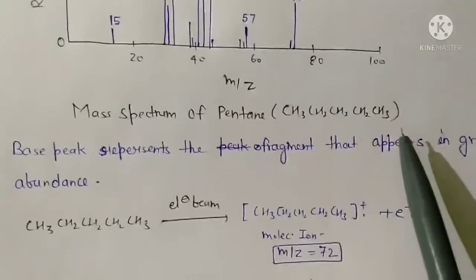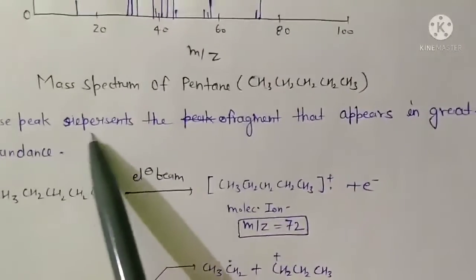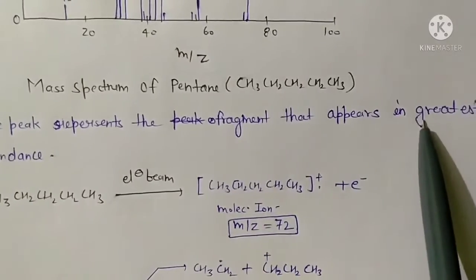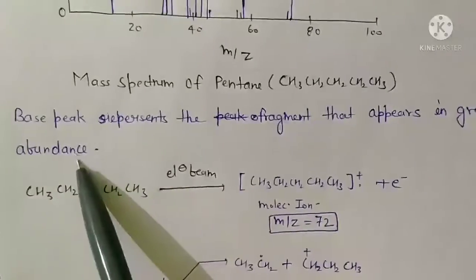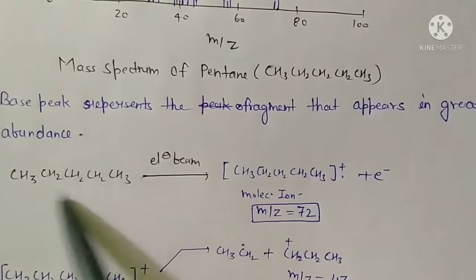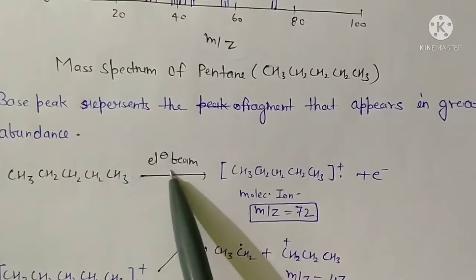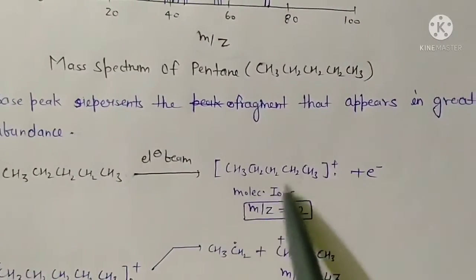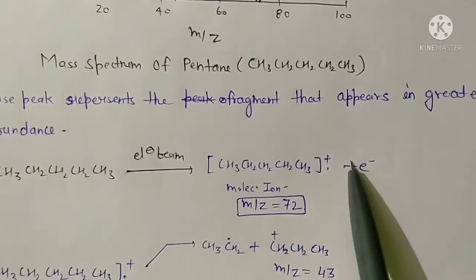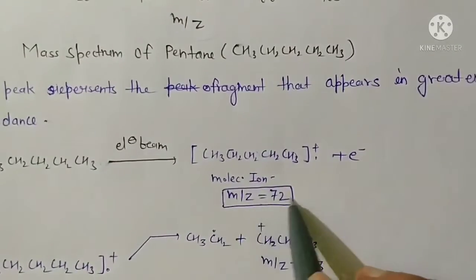How can we calculate it? The base peak represents the fragment that appears in greatest abundance. This is CH3, CH2, CH2, CH2, CH3, meaning pentane. When an electron beam is incident on it, it forms a molecular ion having m/z value 72 plus an electron. How can we calculate this m/z value 72?